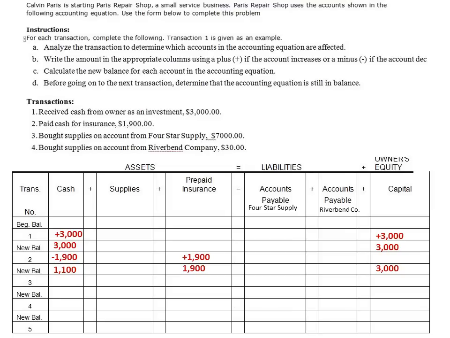Let's take a look at our third transaction. Bought supplies on account from 4-Star Supply, $7,000. Well, the first thing, whenever you see the words on account, that's got to be a red flag to say, okay, this is either going to be accounts payable or accounts receivable. And you need to think about who you are in this transaction.